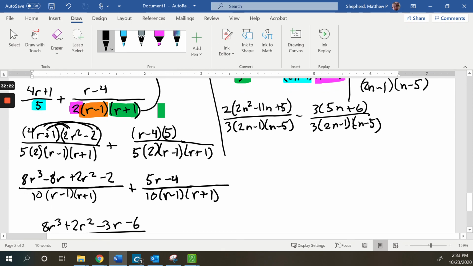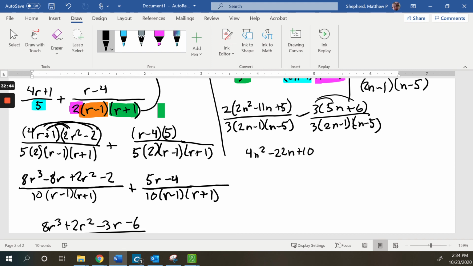All right, so now we can go ahead and simplify these numerators. So we will have 4n squared minus 22n plus 10. And I'm going to treat this over here like this was a negative 3, so we'll do negative 3 being multiplied by both of those. So then negative 15n negative 18 all over 3 times 2n minus 1 n minus 5.